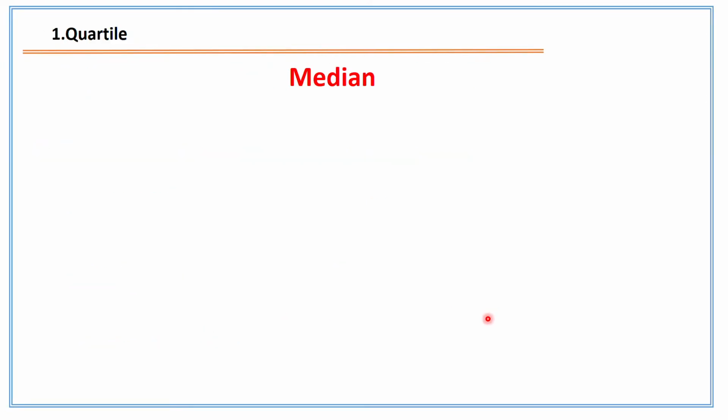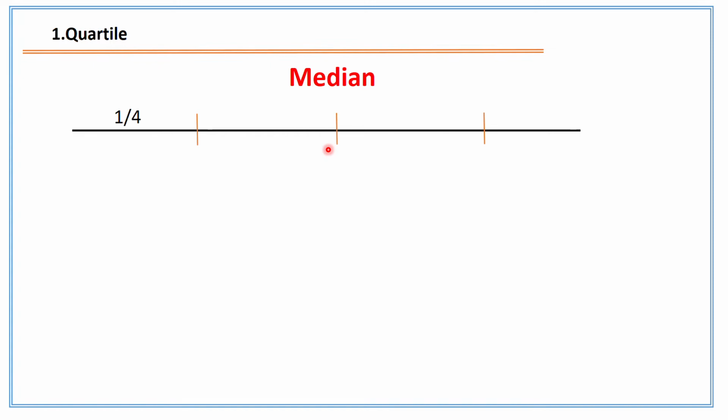Let's say this black line is showing one data series having number of data points n, and we have divided this whole line into 4 parts: 1 by 4, 1 by 4, 1 by 4 and 1 by 4.